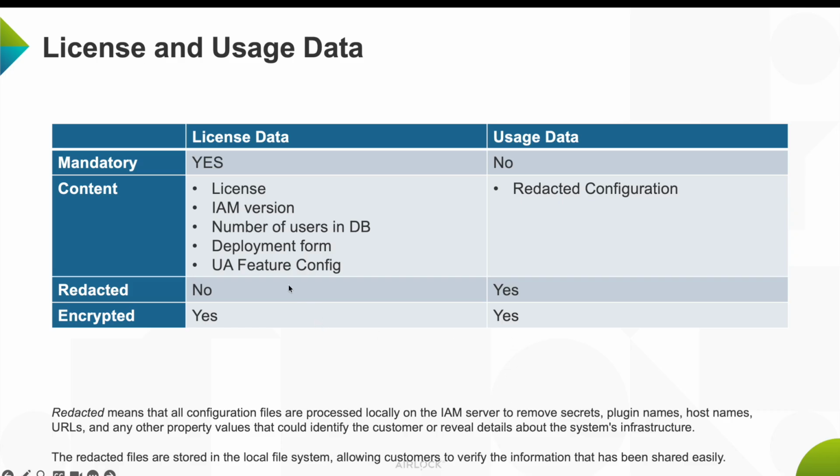License data is not redacted because there is no need to redact it. There is nothing that would reveal anything about your systems, but usage data, of course, is redacted. Before we upload it to the Airlock Cloud Service, both are encrypted with a key that is only known to us, so nobody can exfiltrate the data while it's in transit.